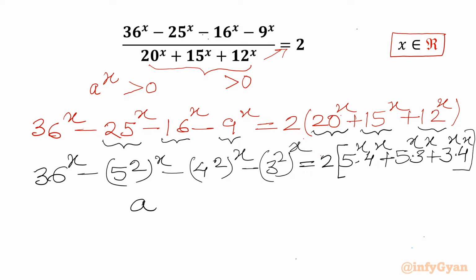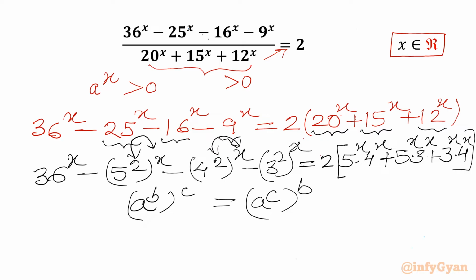Now I will write one property from exponents. A power b whole power c is a power c whole power b. So we can swap these powers here also and here also.